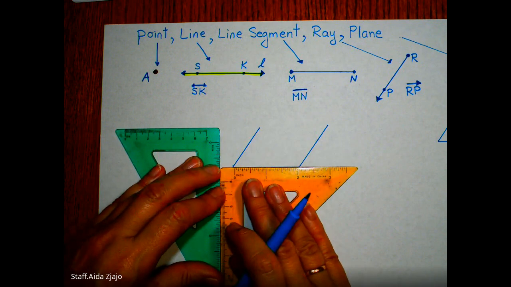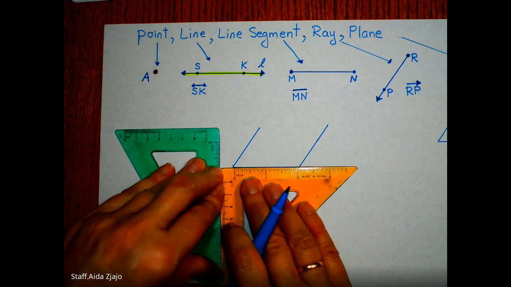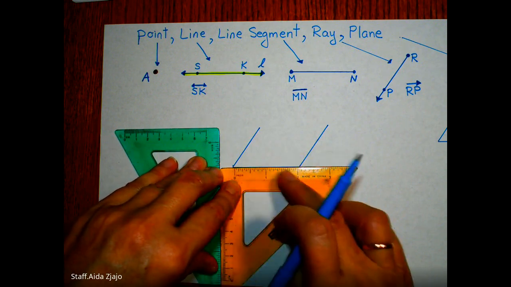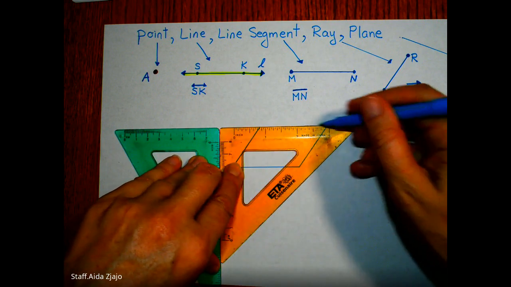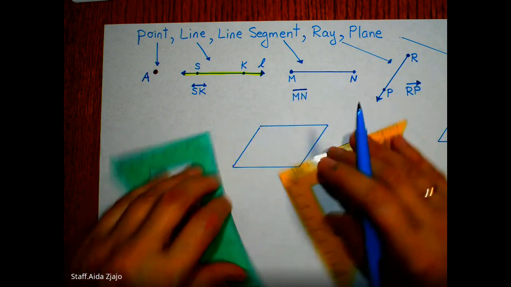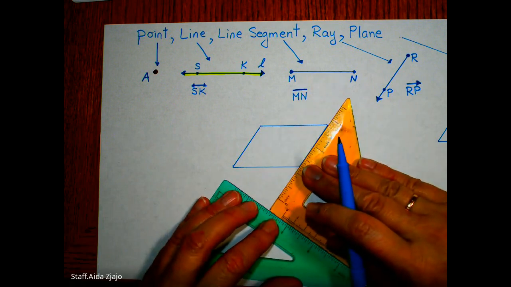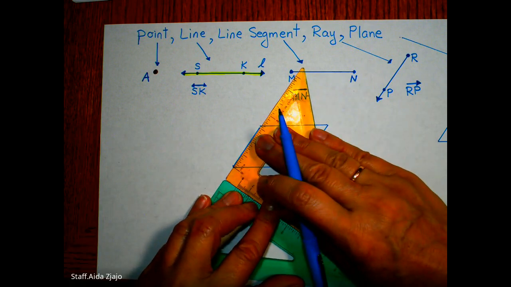If I make a line with the yellow ruler, the bottom line, I can draw the top line, and I will have my parallelogram with parallel lines.